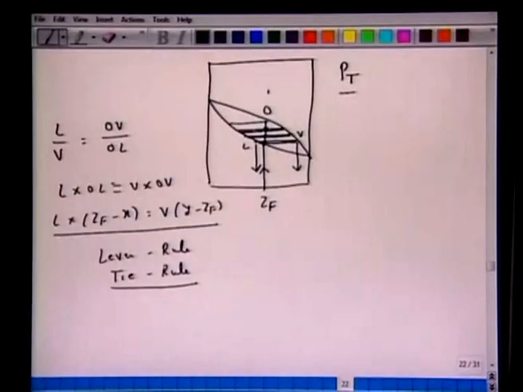We should also note that this is consistent with what we talked about, the degree of freedom. We fix the pressure, say 1 atmosphere, and any temperature between the boiling temperature of A and the boiling temperature of B. If you assume that A is more volatile than B, that means the vapor pressure of A is larger than B and the boiling temperature of A will be smaller than B. So if you choose any temperature in between, for a given pressure, then Y and X are fixed, given by the tie line.